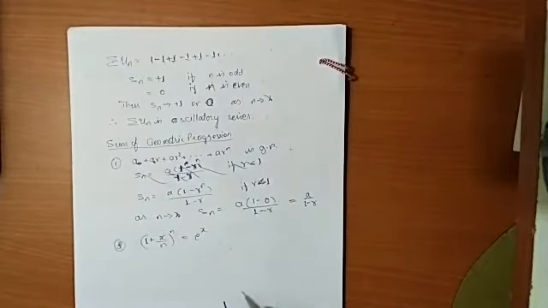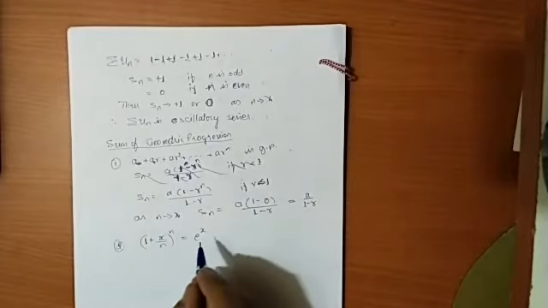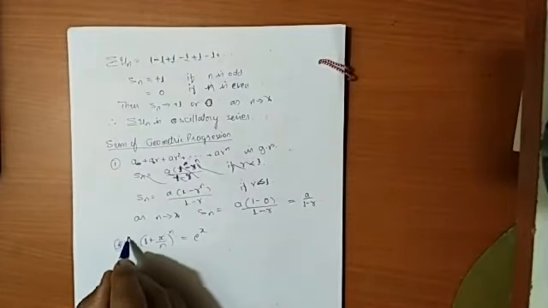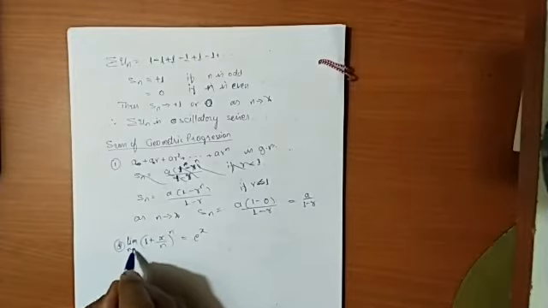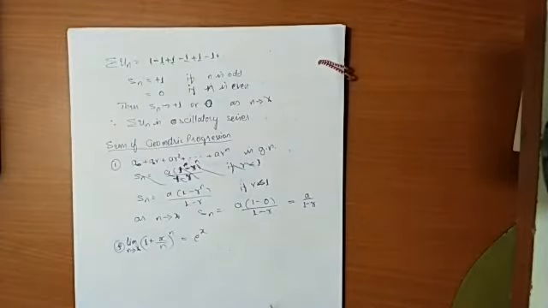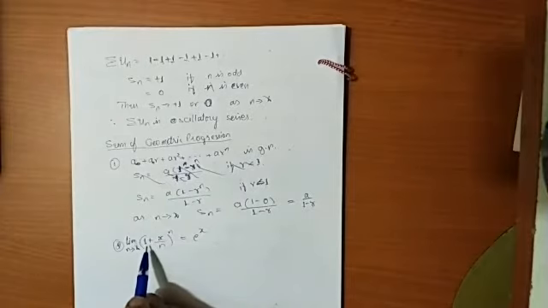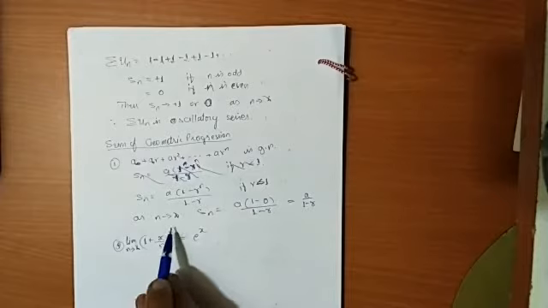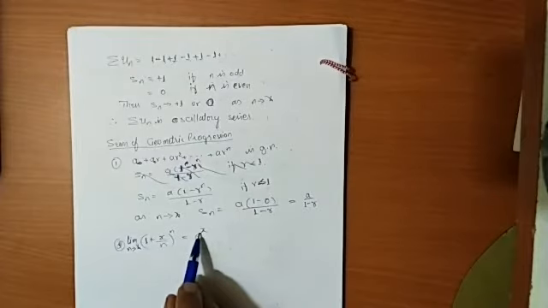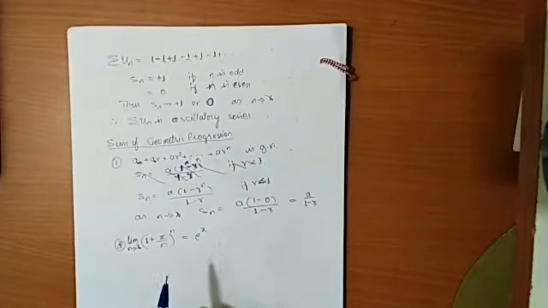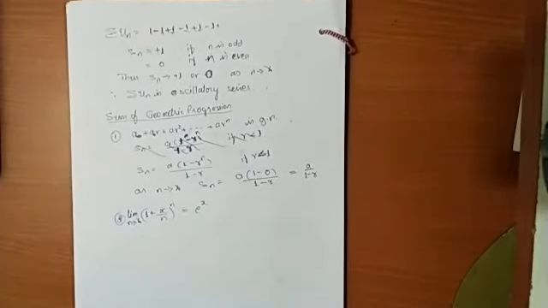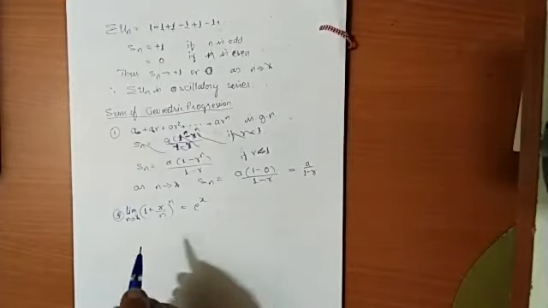This is another result, and such things you have to use. For example, if I come across 1 plus 1 by n raised to n, that will be equal to e raised to 1, that means e. These are a few of the results we should know as n tending to infinity.